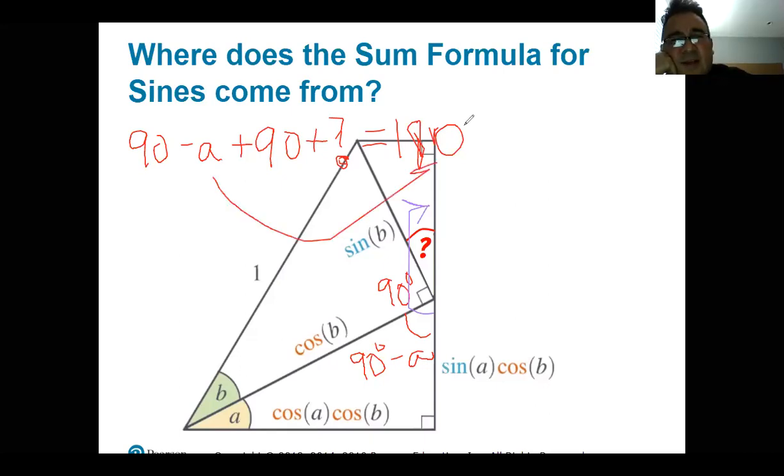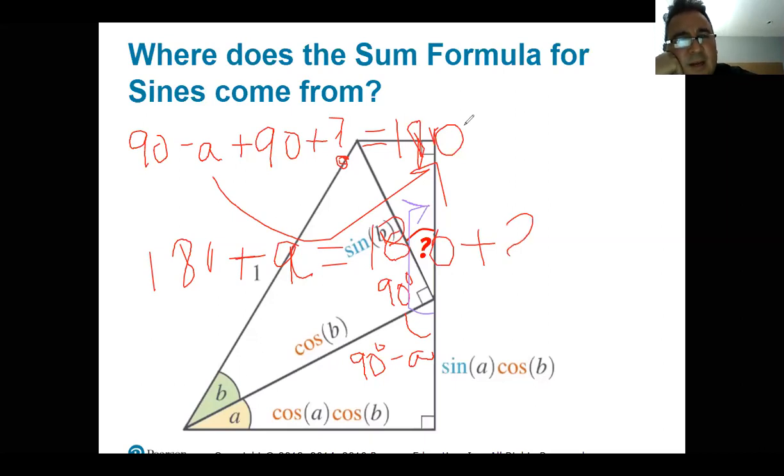So if I move A to the other side, I've got 180 plus A is equal to 180 plus a question mark, right? What happens to the 180s? They cancel each other out, right? So I end up with the question mark.